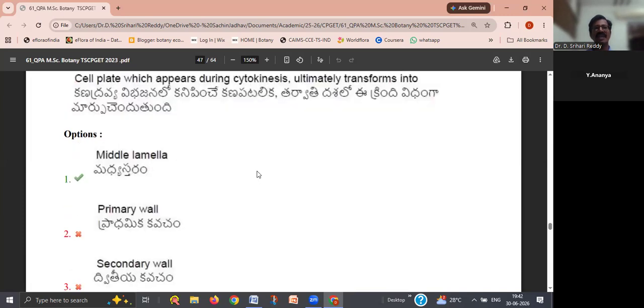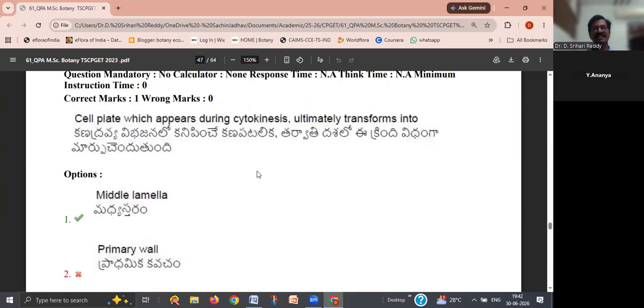Next, the cell plate which appears during cytokinesis ultimately transforms into. So we know during cell division, karyokinesis, cytokinesis.